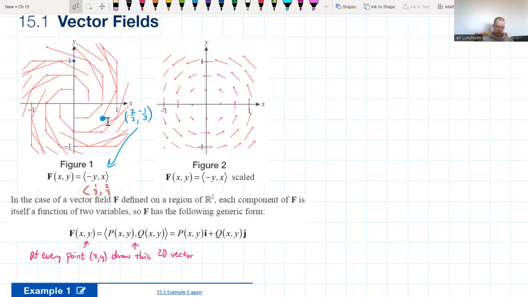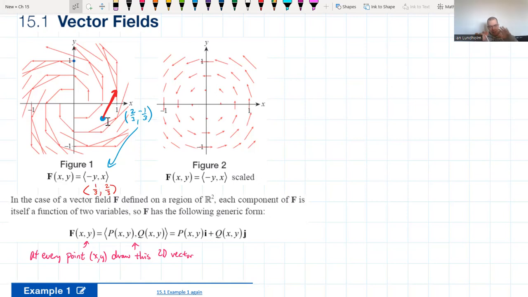All right. So that when we draw the vector up here, we are going 1/3 in the X direction and 2/3 in the Y direction. And so that's what's going on all over the plane in terms of figuring out how to draw these vector fields.